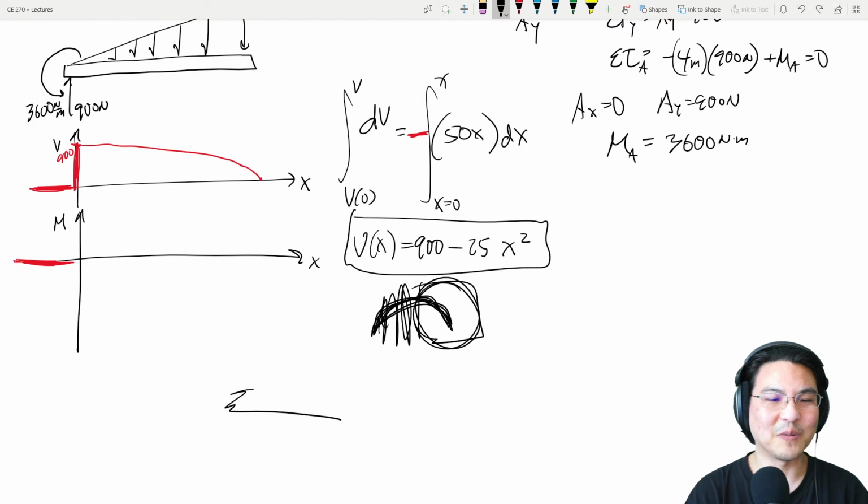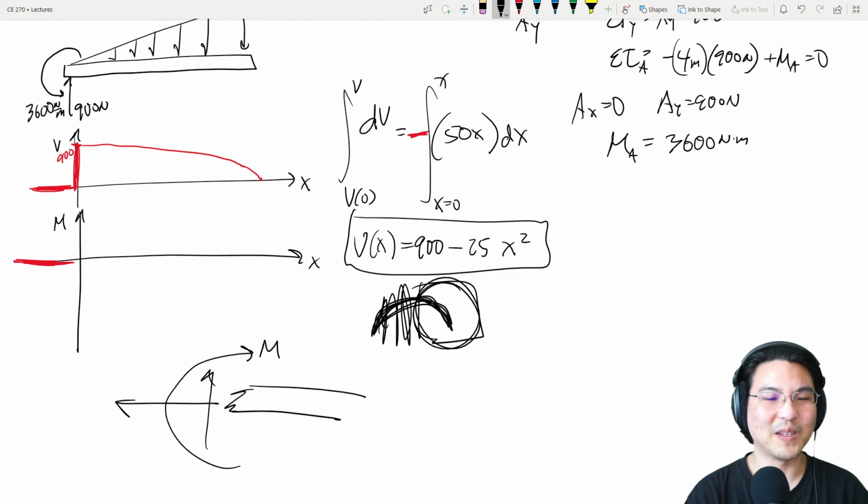Again, which way is positive? Axial force, shear, bending moment. Bending moment is positive this way if we're cutting it over here, but this couple is going the other way. So it's actually negative 3600 like this. So this would be negative 3600, suddenly, because of this couple.